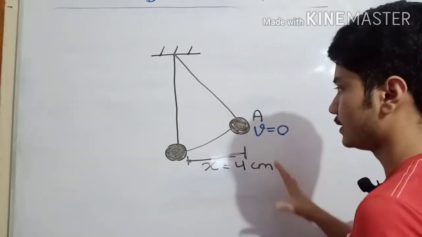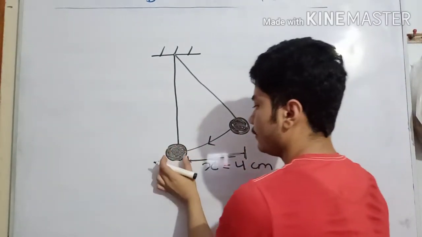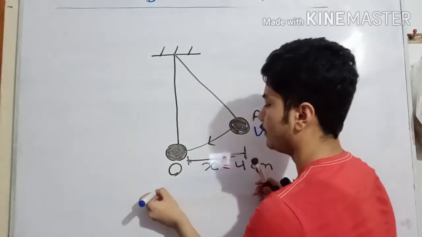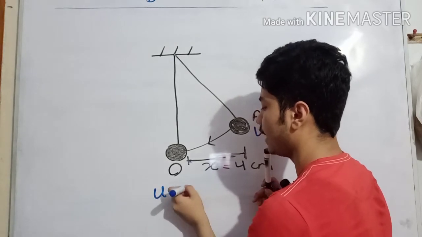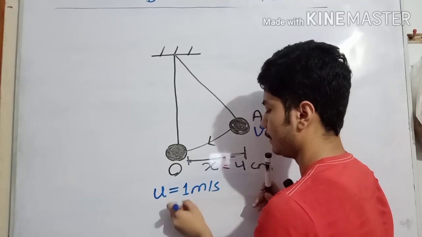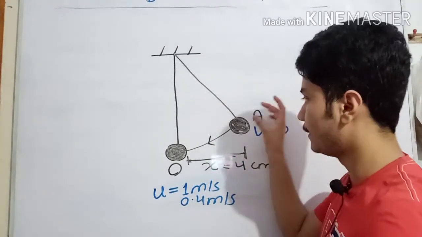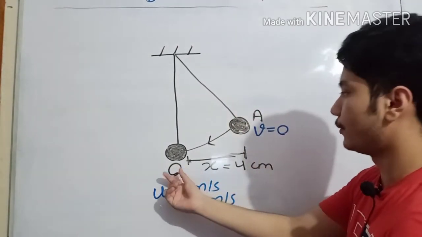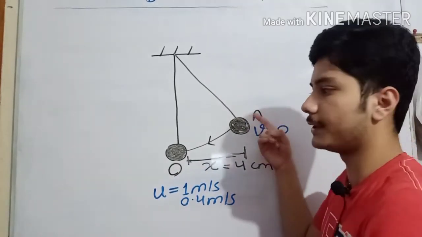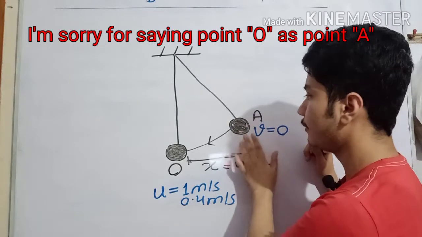If I leave this bob, it will go straight towards the mean position, and when it reaches the mean position, its final velocity will be maybe 1 meter per second, or maybe 0.4 meters per second. As you know, when I release the bob, it will not stop at the mean position, it will move towards the other side, because the gravity will pull the bob.